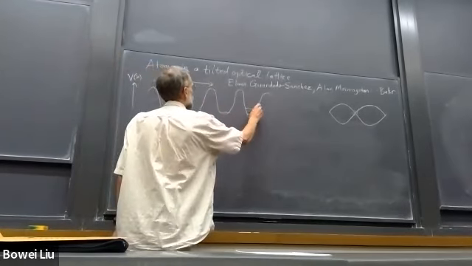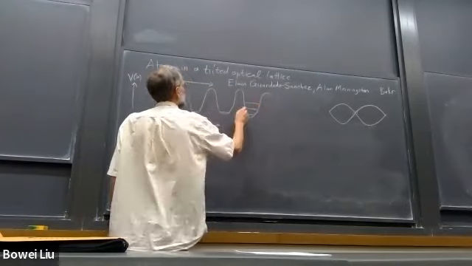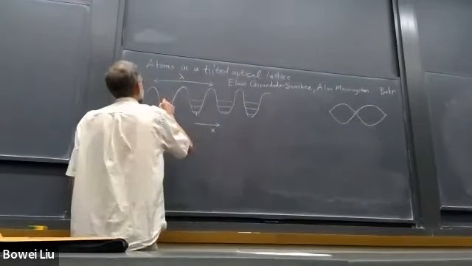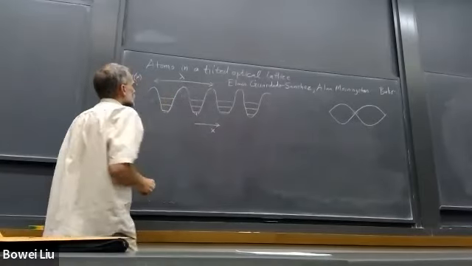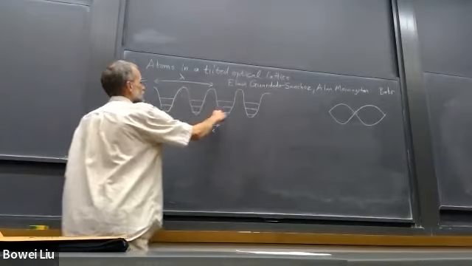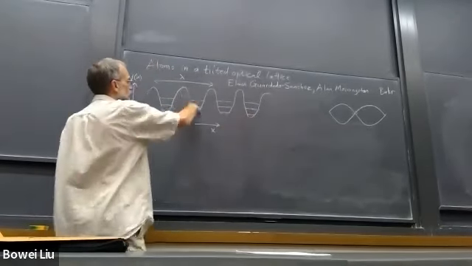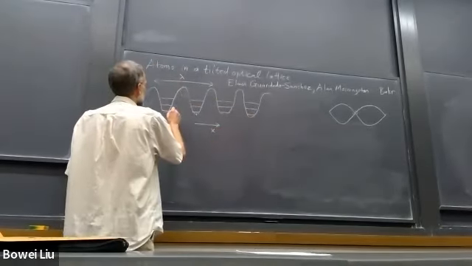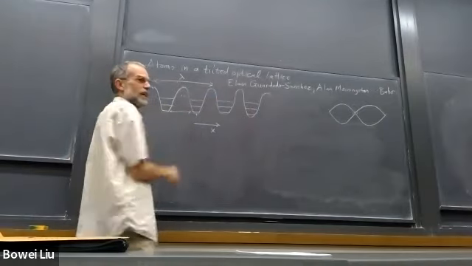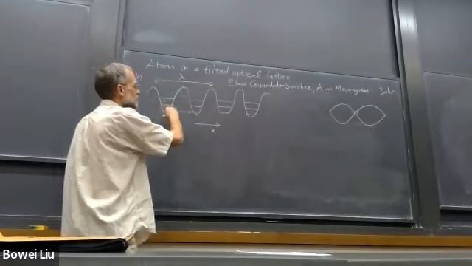And then the first excited state will be up here, and the next excited state, etc. But the atoms were cooled down, so they're all in the ground state in each well, but the wells are all identical, and the atoms can tunnel through this barrier from one well to the next. And so that makes a band.